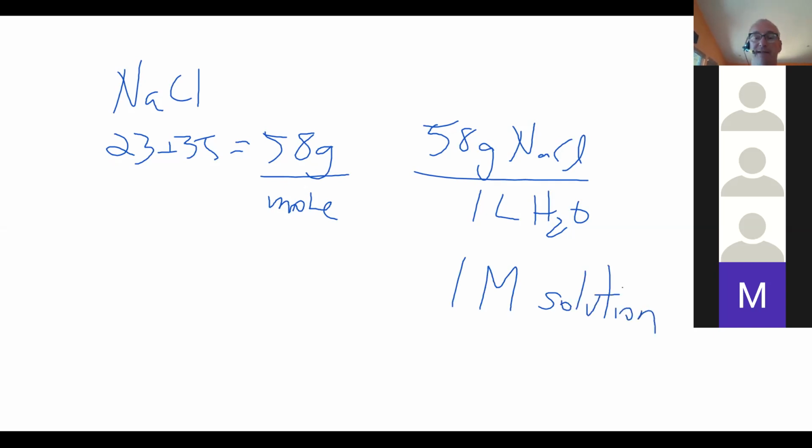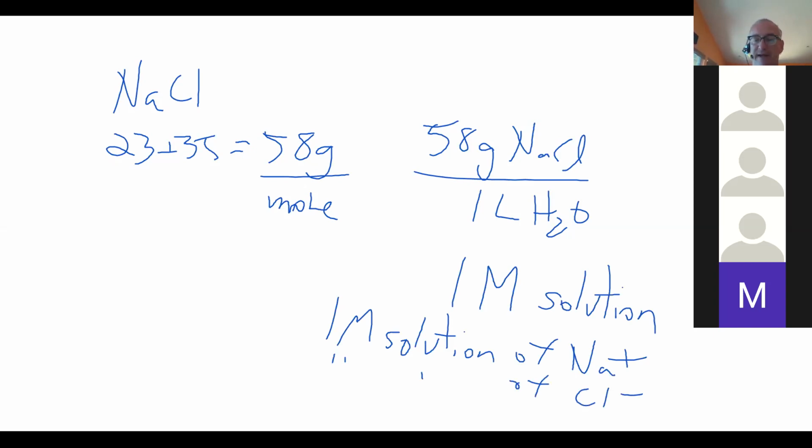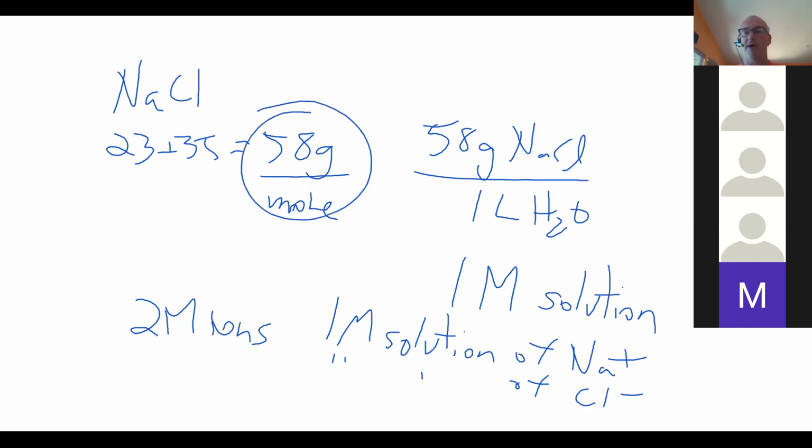It also means that I have a 1 molar solution of sodium ions, and I also have a 1 molar solution of chloride ions. So basically I have a 2 molar solution of ions total. So it just means that the mass of 1 mole is dissolved in a liter of water. So the molar mass is still essential.